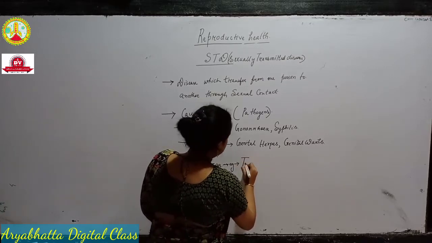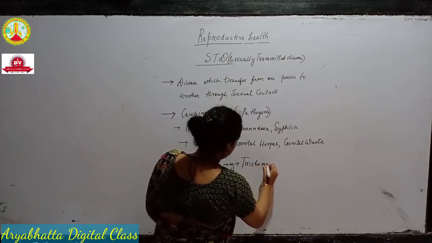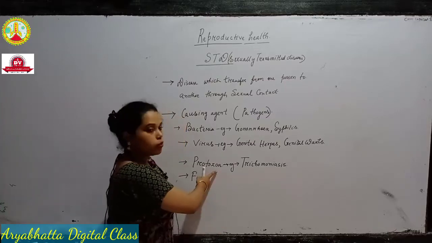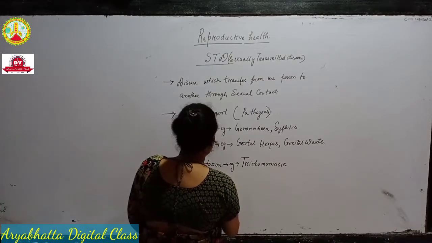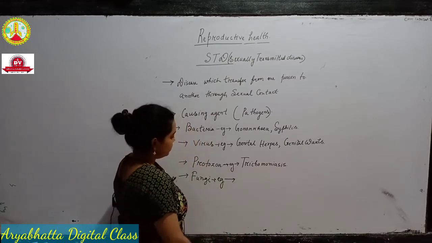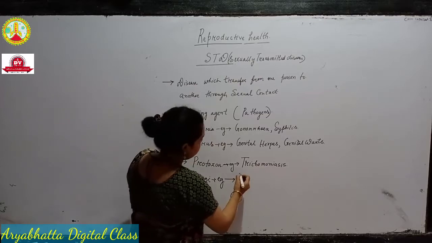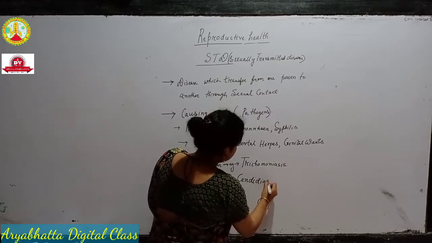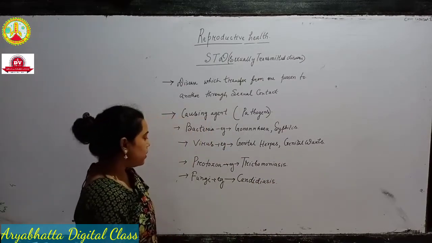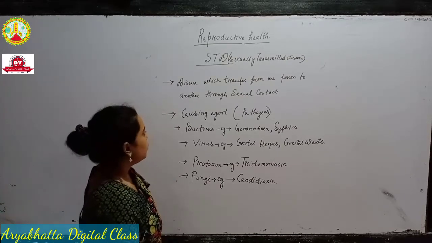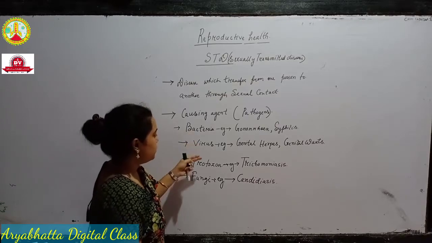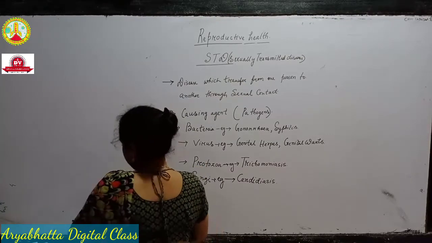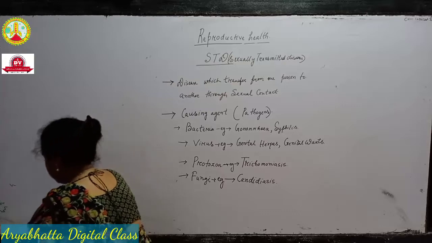You can take an example, trichomoniasis. This is the name of the disease which is caused by protozoa. Next, fungi. So what type of diseases are caused by fungi? I will give you one example, candidiasis. Candidiasis is caused by fungi. So these are the pathogens, bacteria, virus, protozoa, fungi, and these are the names of the diseases caused by them. So let us go to the details.